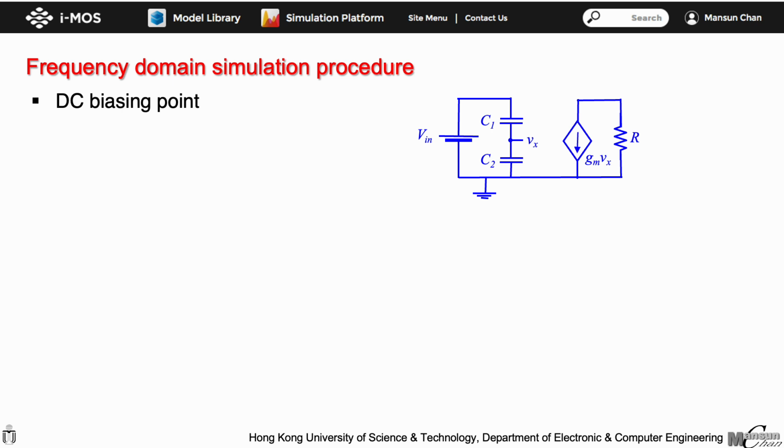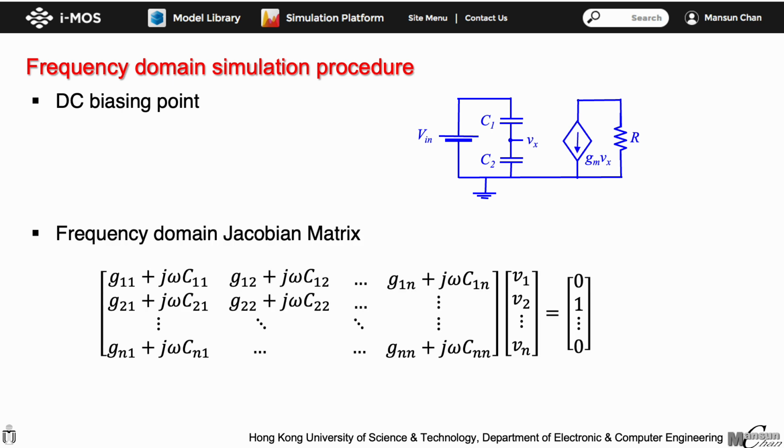Once the DC biasing voltages of all the nodes are solved, we can use their values to calculate all the conductances, capacitances, and in some cases inductances at the given biasing points. These are linearized values and can be treated as constants at the fixed biasing point. They are then inserted into the Jacobian matrix, which is evaluated in the frequency domain.